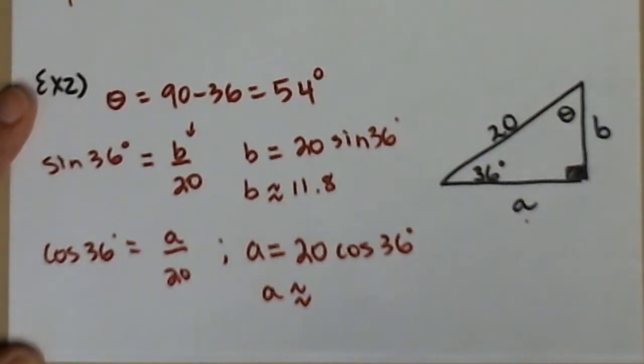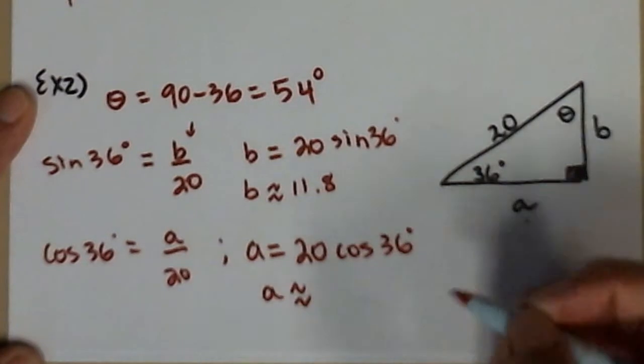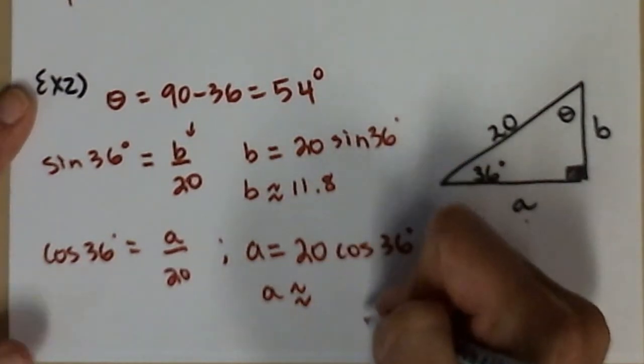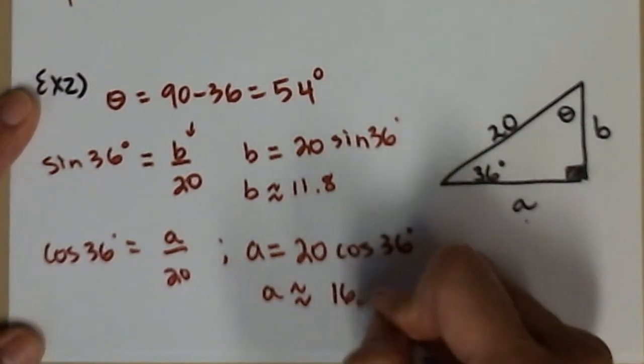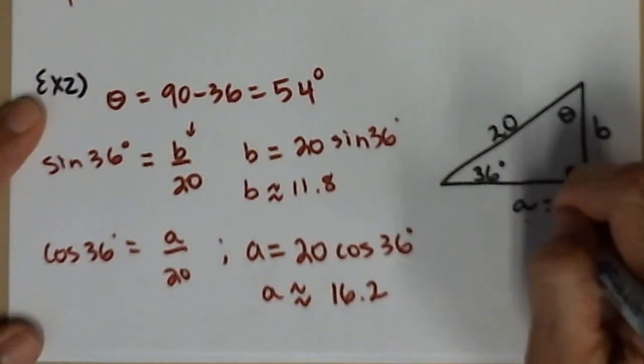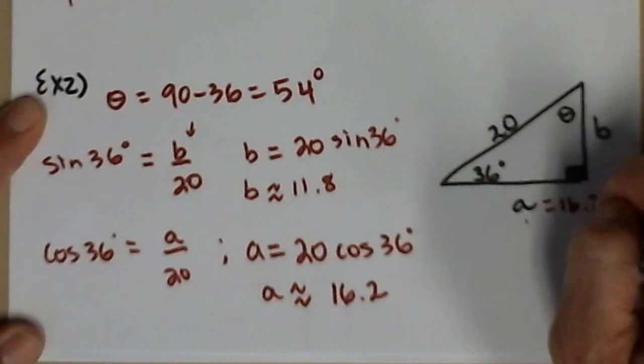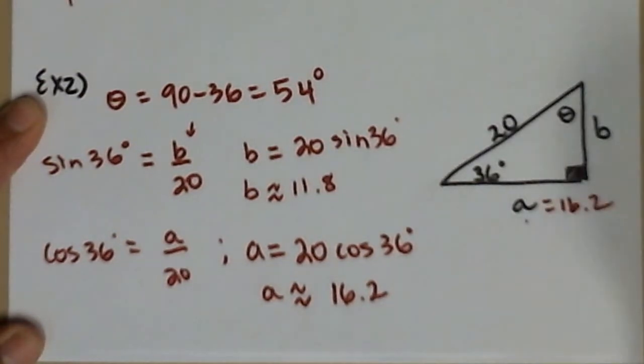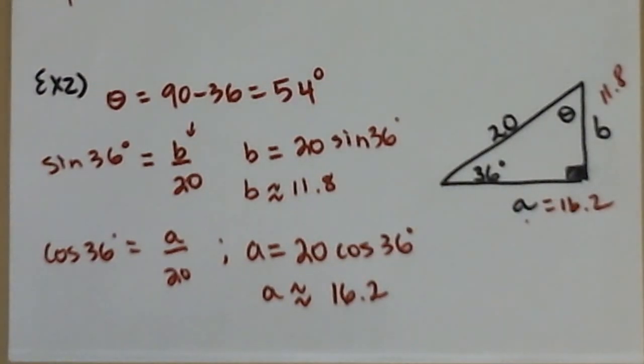And again, in your calculator, 20 cosine 36 leads to, oh, that one runs much nicer, 16.2. And you could check with the Pythagorean theorem. It won't work out exactly that 16.2 squared plus 11.8 squared equals 20 squared, because we rounded, but it should get pretty close.